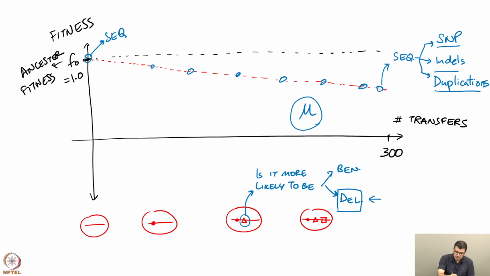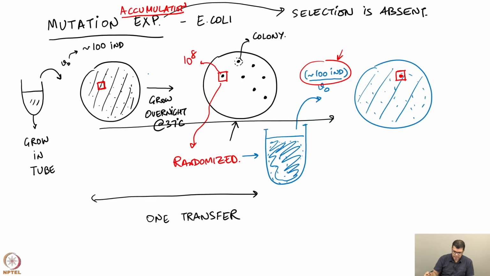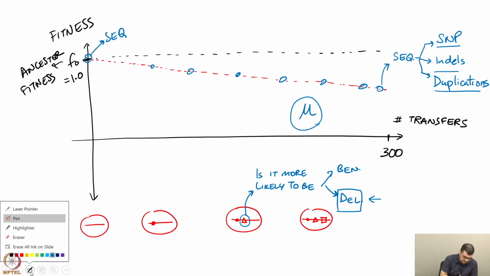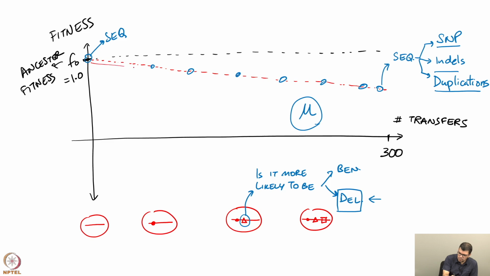And obviously, I do not do this in one line. We said that we are doing each line for maybe 300 transfers, but we are also doing 100 lines in parallel, just as Lenski did 12. Each one of these lines is going to give me one trajectory. So, I do not have one line here, I actually have 100 lines here.